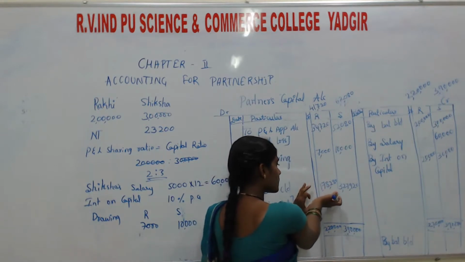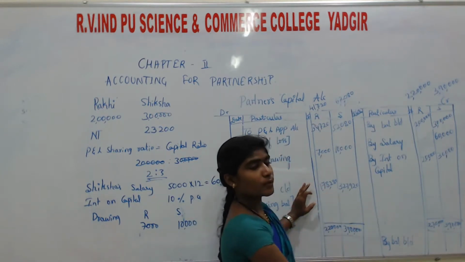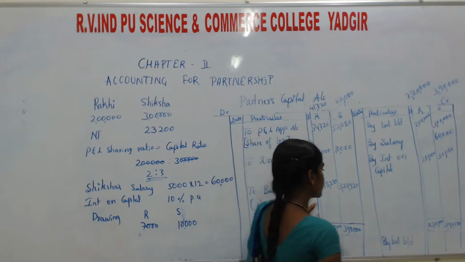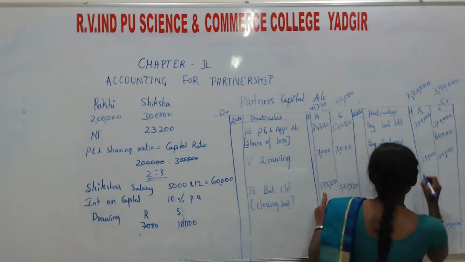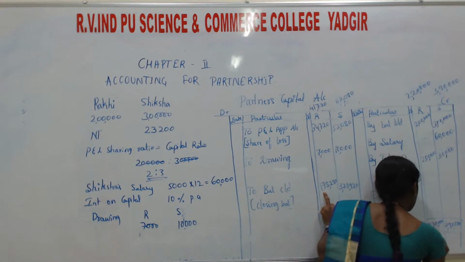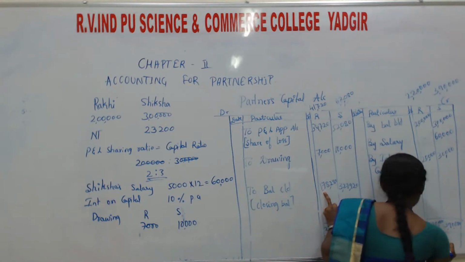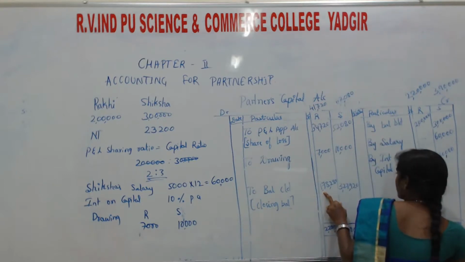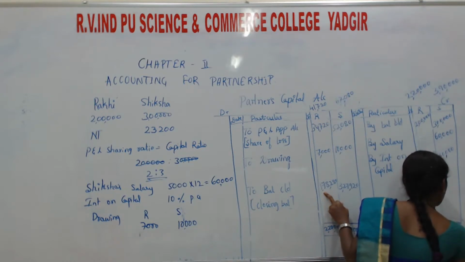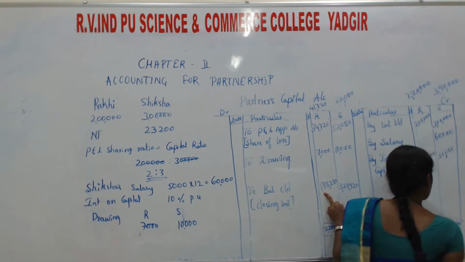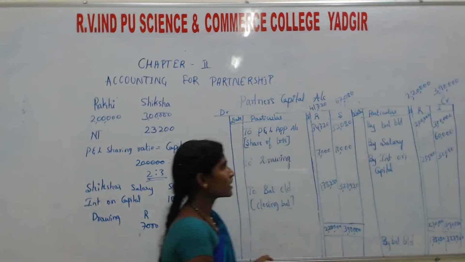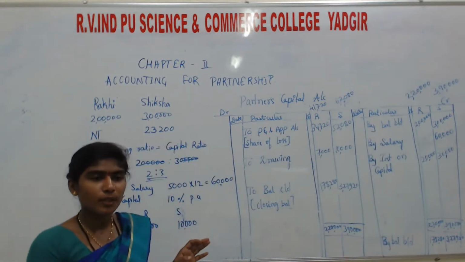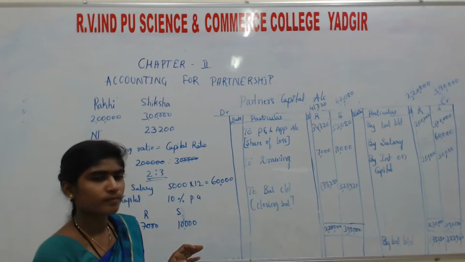This balancing figure is transferred for the next year. So how much for Rakhi? 1,78,280. And for Shiksha, 3,27,920. Okay. So it is a partners' capital account.